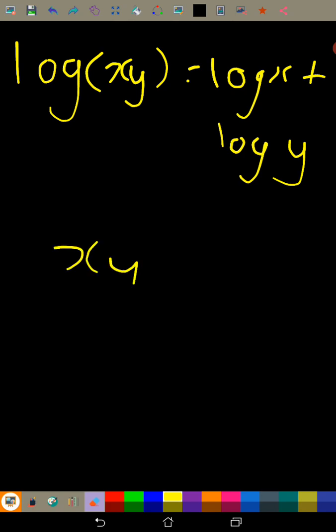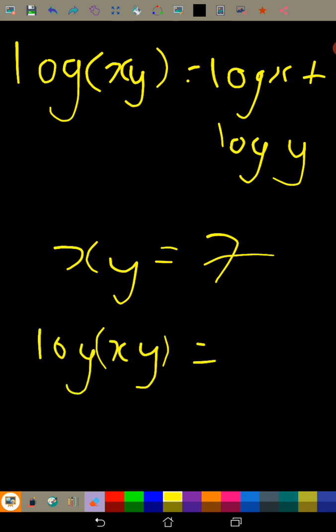So if you have anything like that, 7 for example, you can say, okay, I decide to put a log here, and I decide to put a log here, and I decide that it's going to be log to the base 7, right? So I'm going to have 1 here, and then I'm going to work on this.